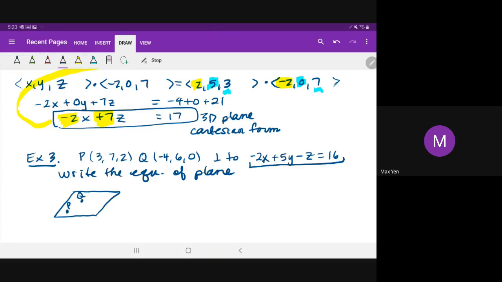What do you think? Plane. It's a plane. Exactly. So I need a plane to be perpendicular to a plane.